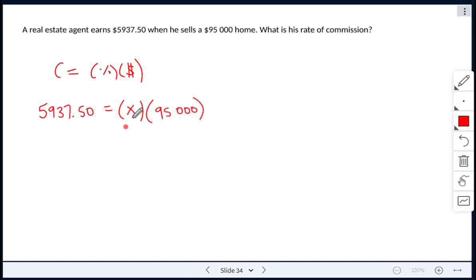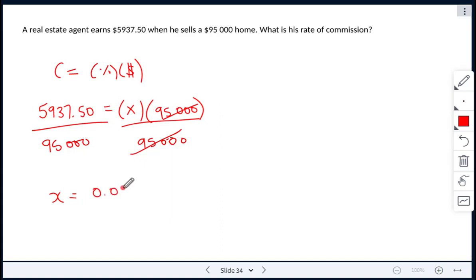To solve for X, we have to divide by 95,000 on both sides. That gives me X is equal to 0.0625.